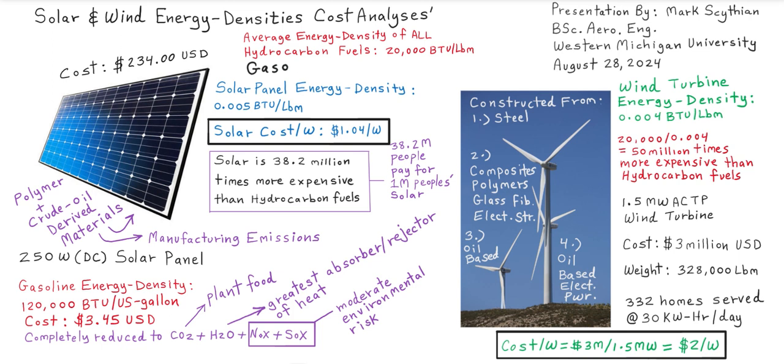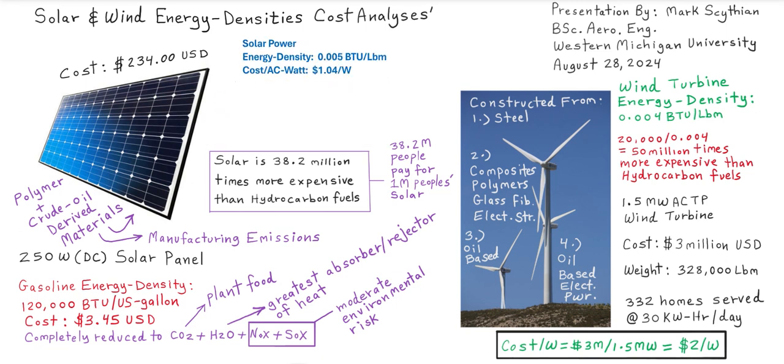Okay, so if we just use gasoline as the metric for the base value of hydrocarbon fuel density, that's 120,000 BTUs per US gallon. Okay, so we'll enter that in. Solar power has an energy density of 0.005 BTU per pound, costs $1.04 per watt.